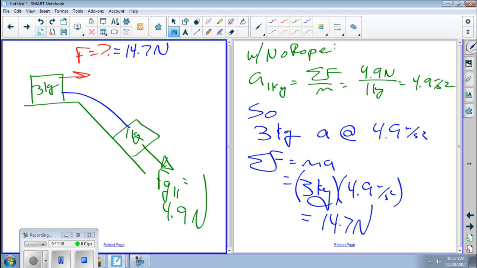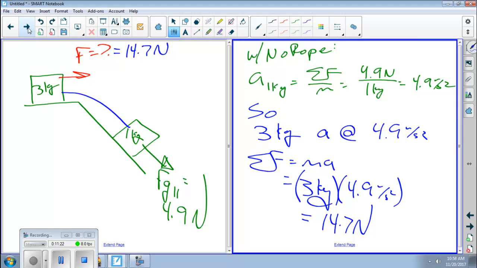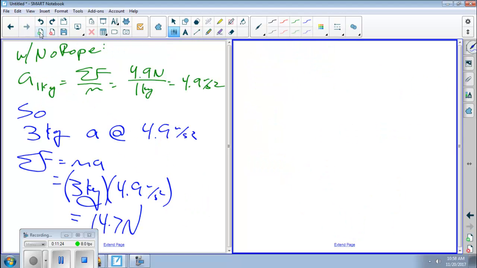And then you can do exactly what you did before, right? Yeah. So the other way to do it is to go, all right, well, I know that the 3 kilogram box is going to have a force applied to it minus 0 tension over 3 kilograms, right? And that's got to equal the 1 kilogram box, which has the FG parallel, which is 4.9 minus 0 tension over 1 kilogram.